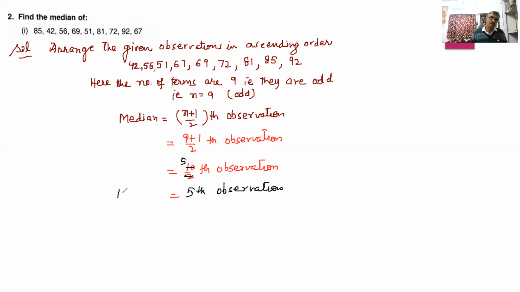Median is what? Median is 5th observation. Therefore, median क्या आ जाएगी? Now count the number of terms here. From here, we will see first, second, third, fourth, fifth is 69. Therefore, median is 69.